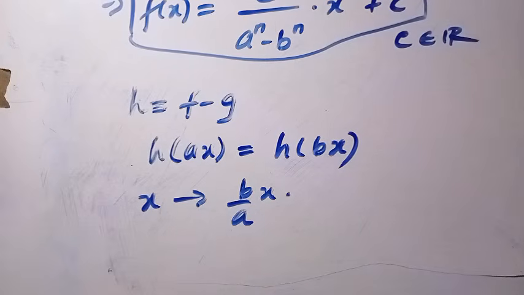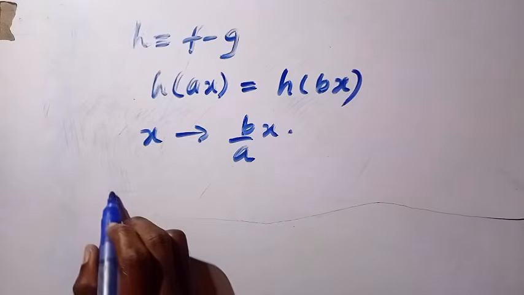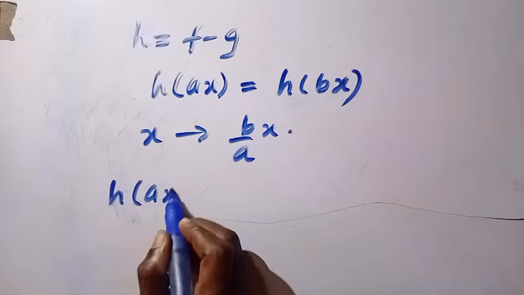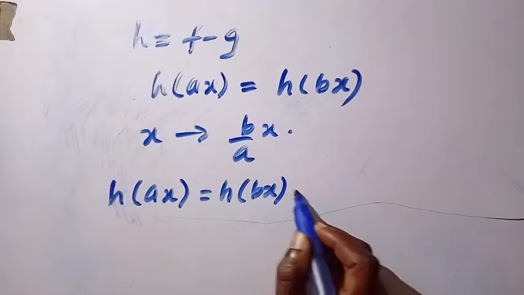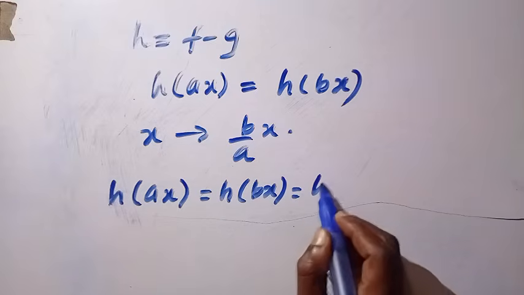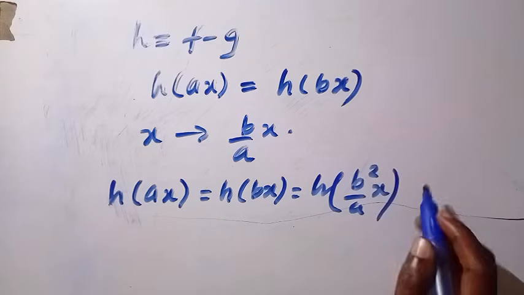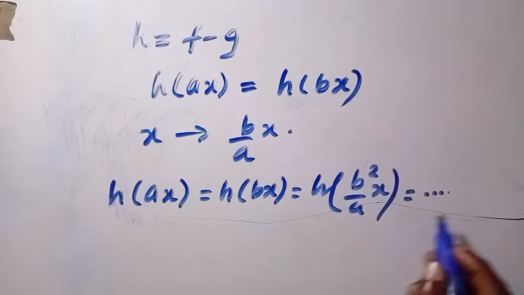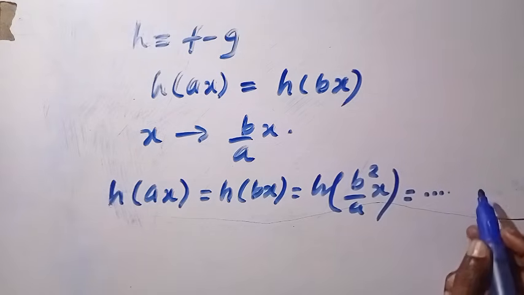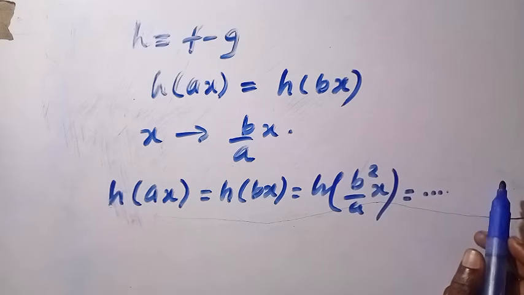By repeating this, we're going to have h of ax equals h of bx. So this also equals h of b squared divided by ax, and this continues to h of b raised to the power n over ax.